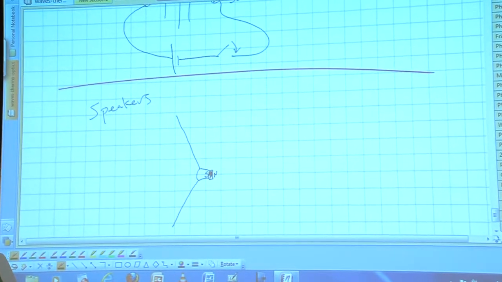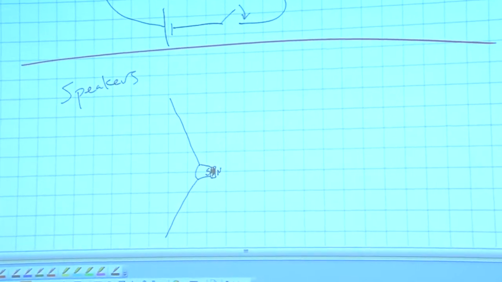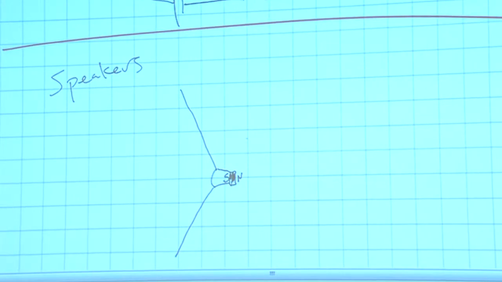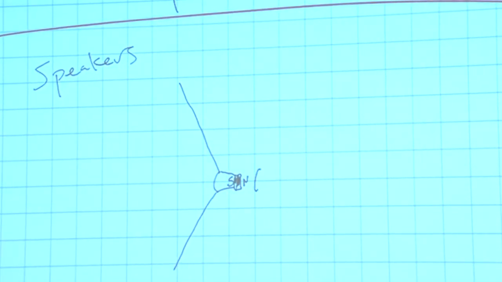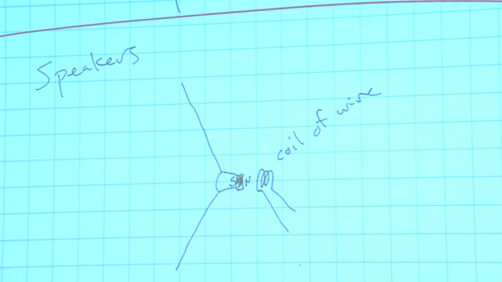Something like that, right? And then what does this mount into? It mounts into something that has a coil of wire on it. So how do you make sound? Sound is caused by something vibrating.